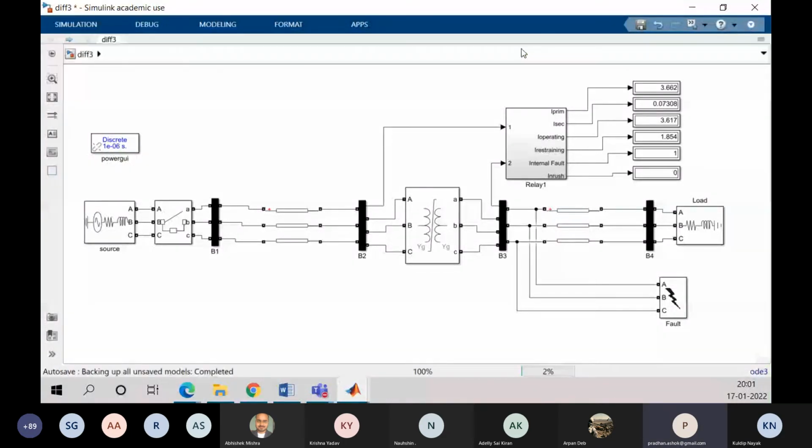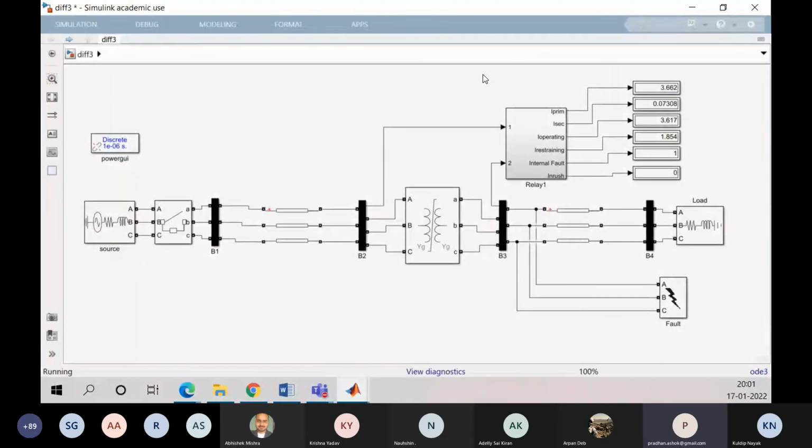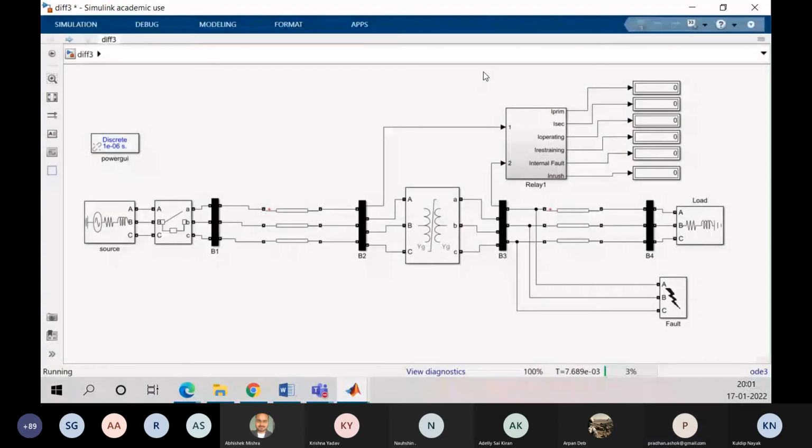So it is beyond this, which means it is an external fault. Now fully will run. So you see here 0, 0, but the currents are increasing. It showed inrush, but it is not an internal fault.